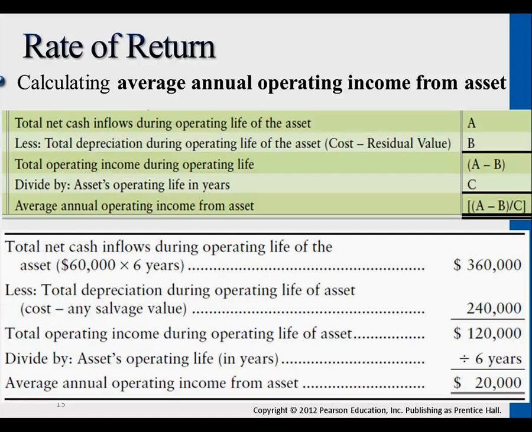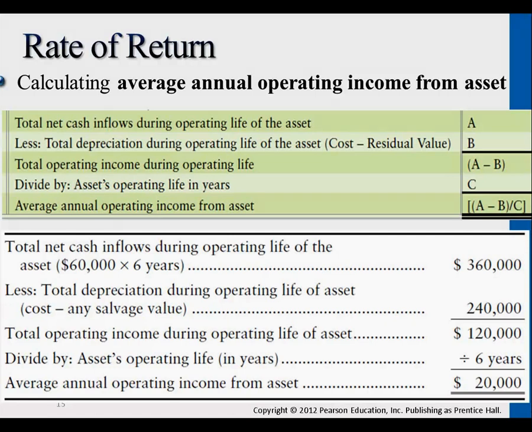Now we already know how many years, since we said in the very first line we multiplied 60,000 by 6 years. So the life expectancy of that asset is 6 years, and we divide by 6 years. 120,000 divided by 6 gives an average annual operating income from the asset of $20,000.